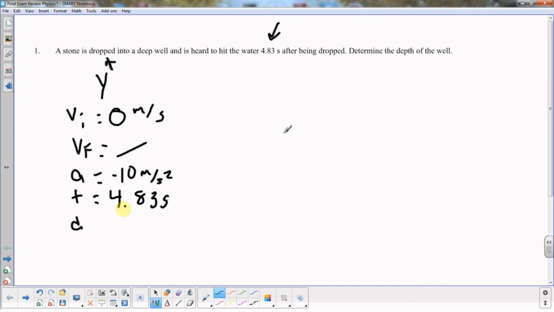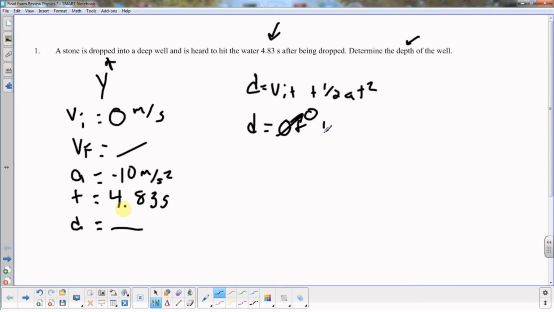So going to our list of kinematic equations, we could probably use D equals VIT plus 1/2 AT squared. And we want to know the D because that's what we're trying to figure out. The initial velocity is 0, so the VIT term just becomes 0, plus 1/2 times -10 times t squared.